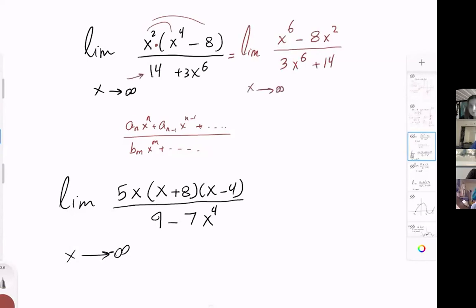We learned that if they have the same degree, top and bottom, it will be the coefficient, correct? Coefficient of a_n over b_n. So the answer here will be 1 over 3. This is 1, this is 3. 1/3.